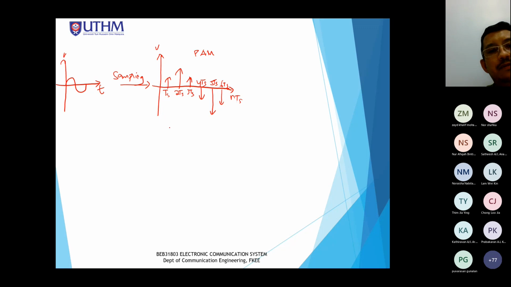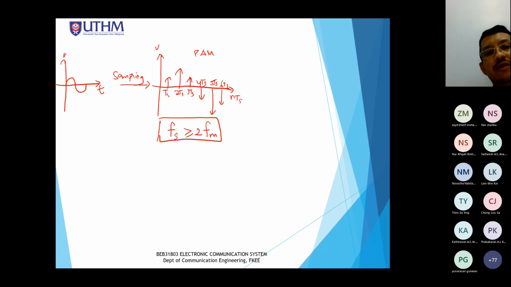And we have learned that the way we sample is based on the Nyquist theorem. The sampling rate must be more than or equal to 2 times the highest input message frequency. So this is the Nyquist theorem.